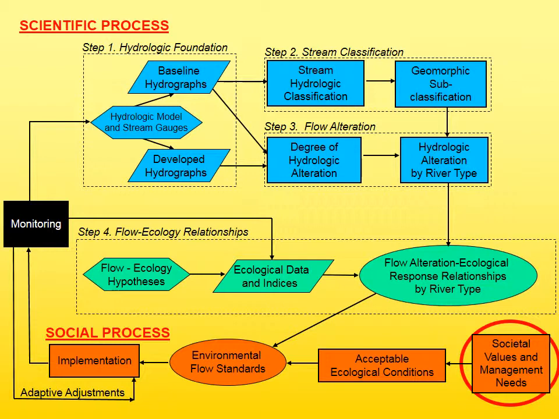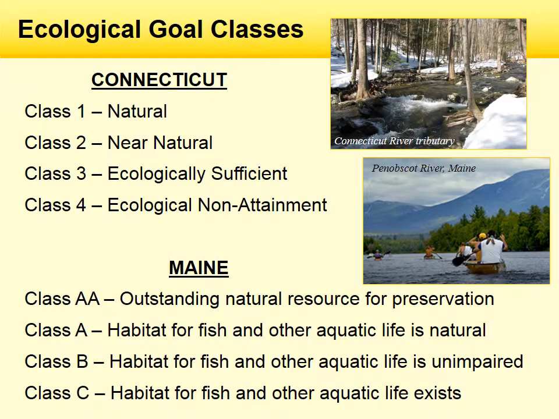Well, we can think of it in the same way as we might across a river or a river and a number of tributaries. We can think about understanding what is the ecologically acceptable condition for the system to be in. So we might be using ecological goal classes. These are some examples from the US where we have different classes of condition for rivers.